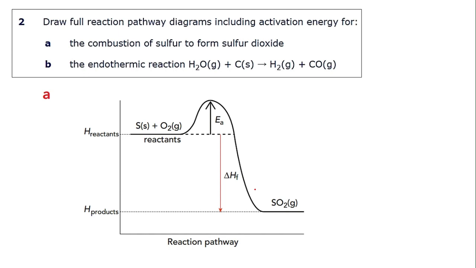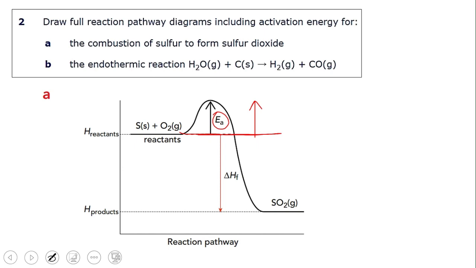Their lines or arrows are very important. The activation energy arrow always starts from the reactant and goes toward the top. So EA here is the activation energy, and this arrow starts from the reactant and goes towards the top of the graph.